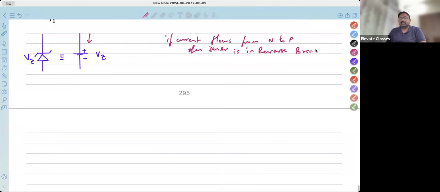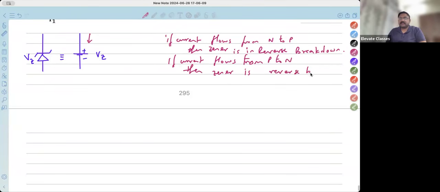Second, if current flows from P to N, then the Zener is not in reverse breakdown, but it will still be in the reverse bias region. The Zener is reverse biased.